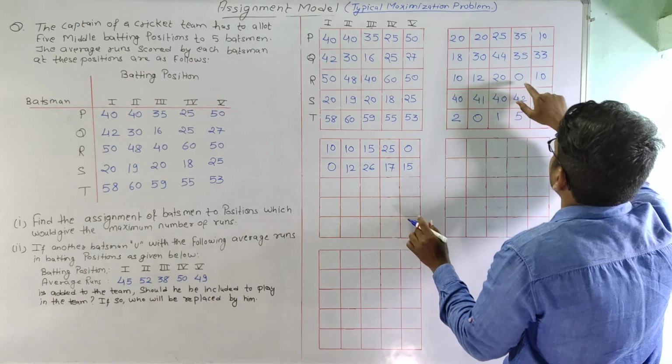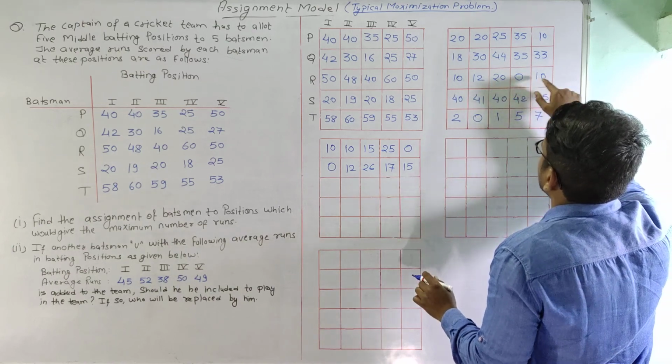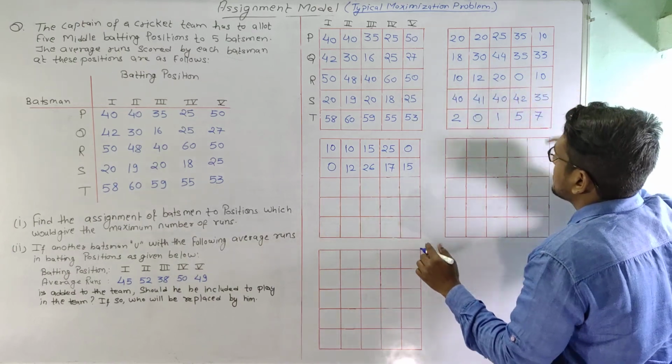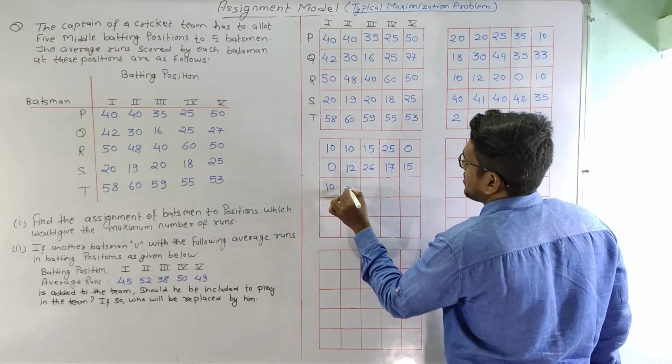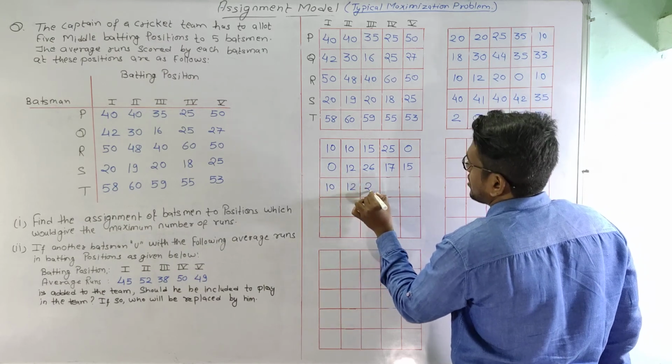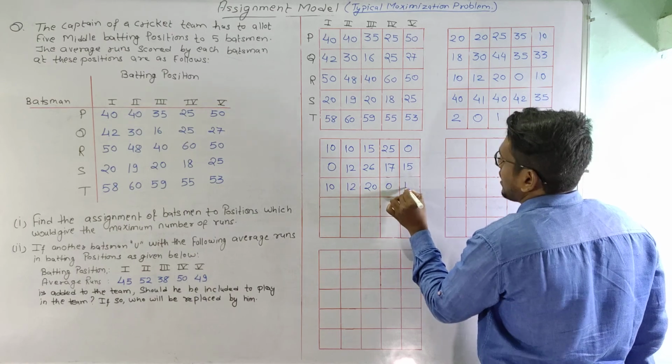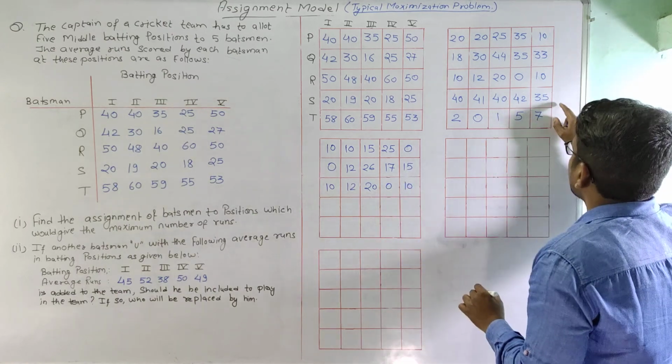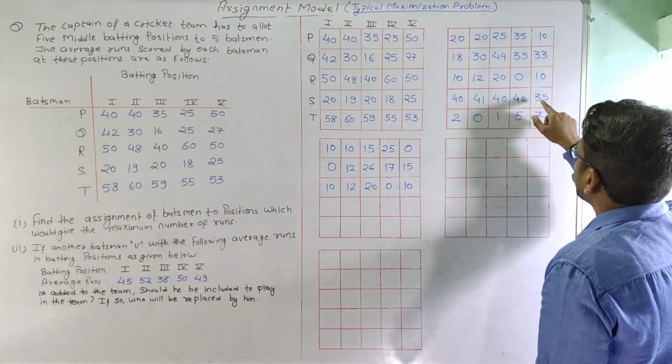Here in this row the minimum value is 0. That means this row will remain as it is. So this will be 10, 12, 20, 0 and 10. Now moving on to this row, the minimum value here is 35.